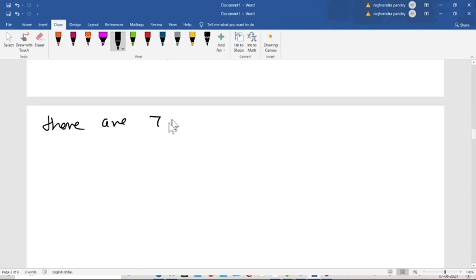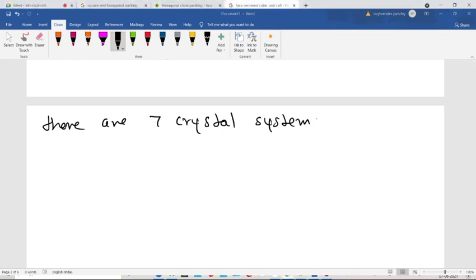Now we see the image of the 7 crystal systems.